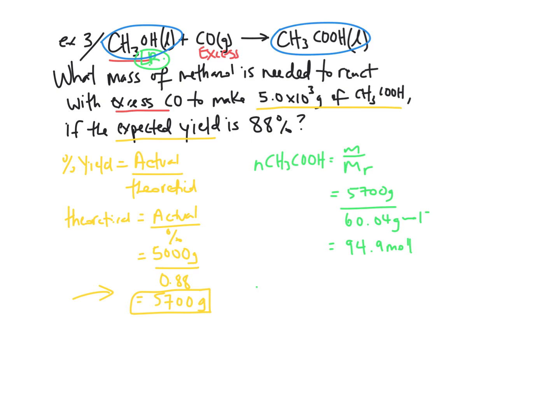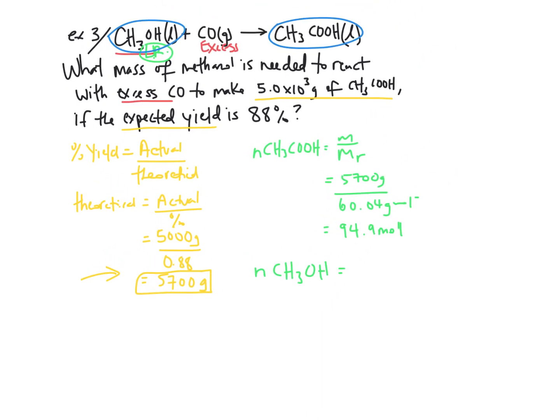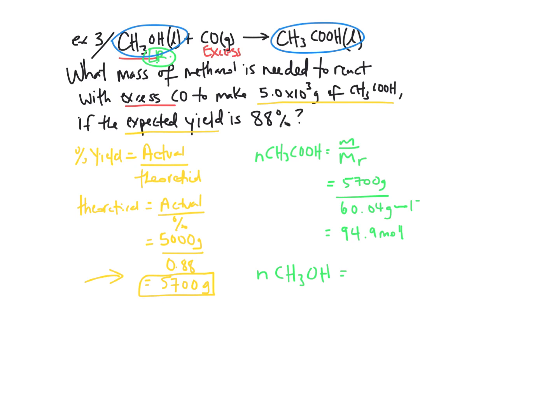How much of the methanol is that going to be? Well, we need to then use the molar ratio. So the moles of methanol, what's the ratio? Well, first, did we even check that the thing is balanced? Let's check that it's balanced. If you count the carbons and you count the oxygens, you're going to see that yes, it is balanced.